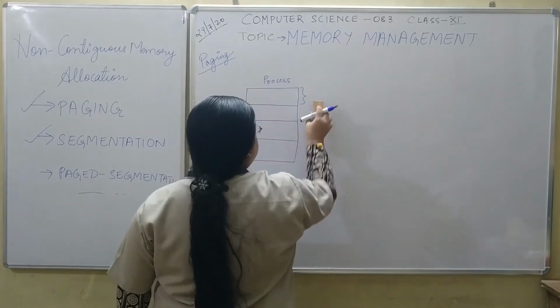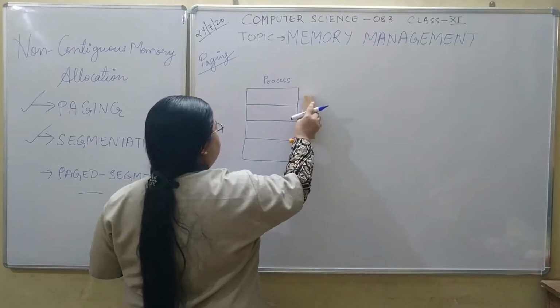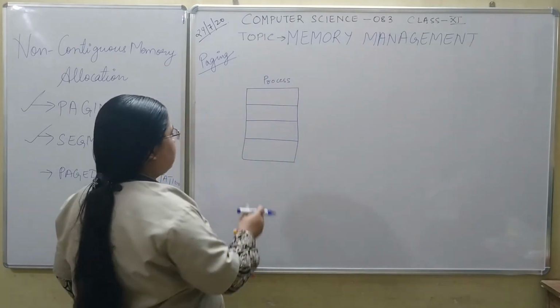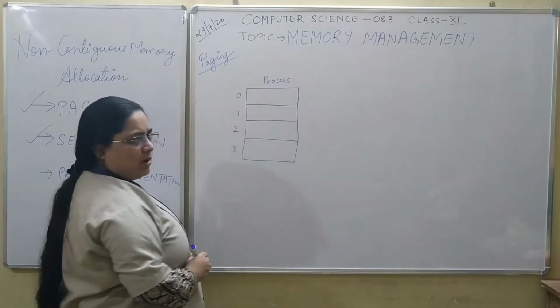And so you can see that the process is divided into these pages, and these pages are numbered 0, 1, 2, 3, and so on.